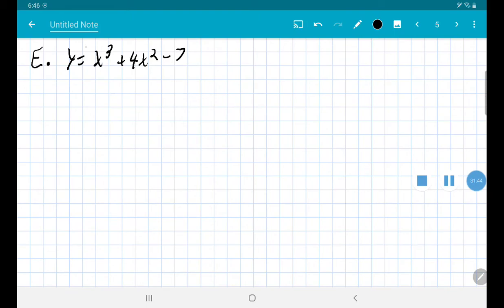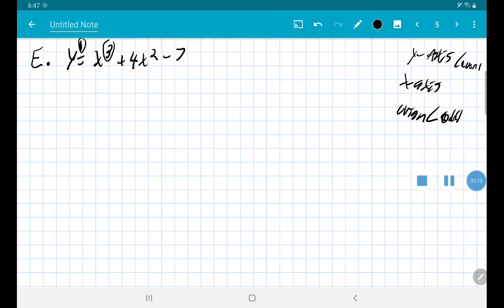Look at powers here. Again, we're testing three things. I'm testing for y, testing for x, testing for origin. Origin is odd. Y-axis is even. So I look at the powers. That's an odd power. That's an odd power.